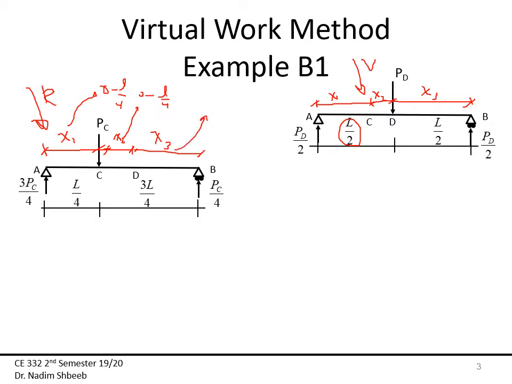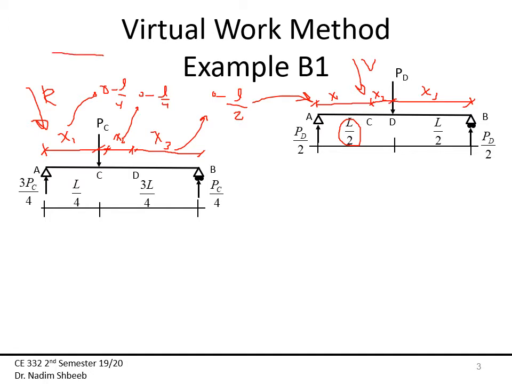And then the rest is from 0 to L over 2. The same obviously goes for the virtual system as well. This is how we're going to start off. As far as finding the reactions, we did that before, and it's just simple equilibrium equations, so you should not have any problems finding the reactions.